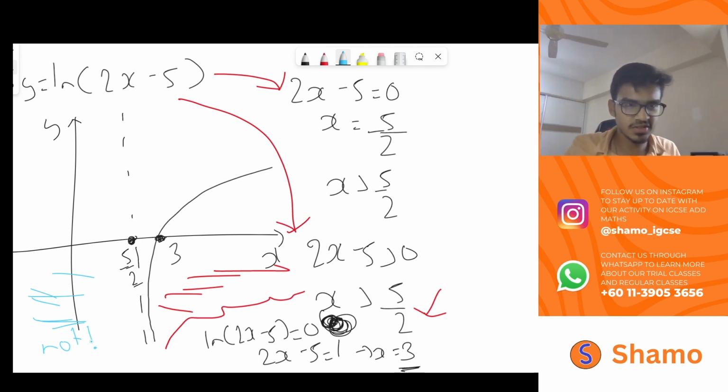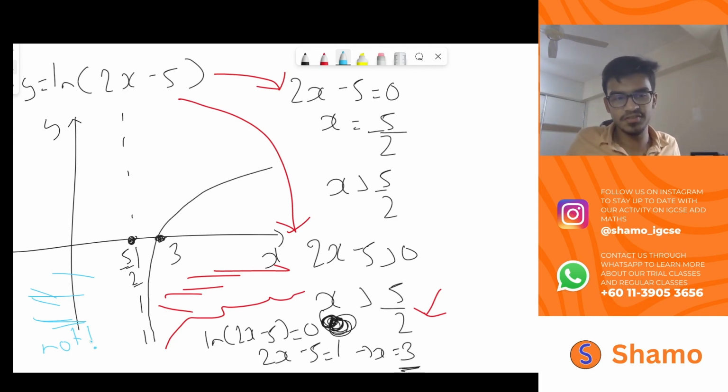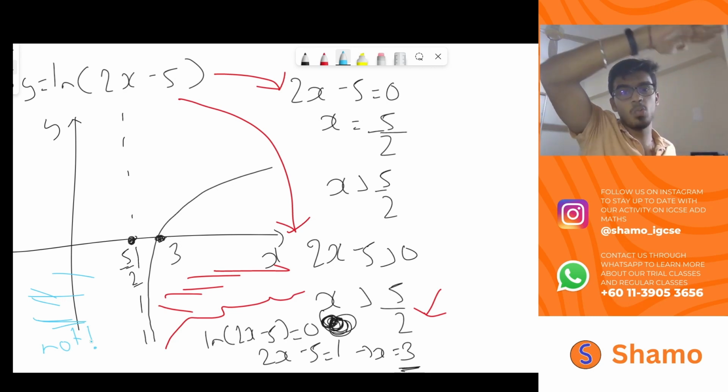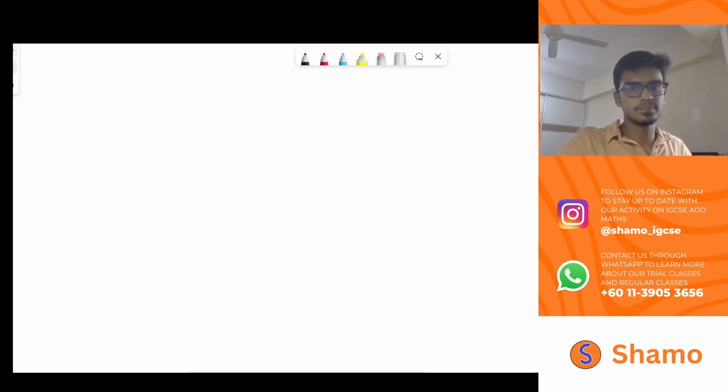For logarithmic functions, it goes like this. And that makes sense, they are inverse functions of each other. So in one case, y equal to something goes up and down, in the other case, x equal to something will go left and right. Why? Because it's a reflection across y is equal to x. Simple, right? Okay, let's move on.